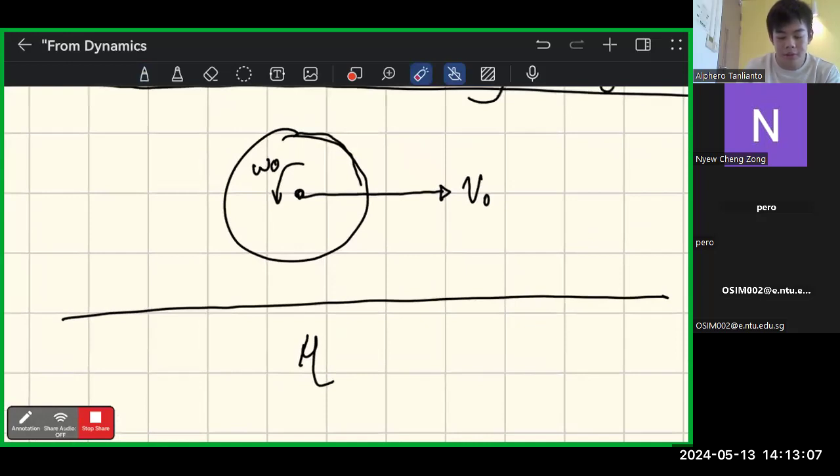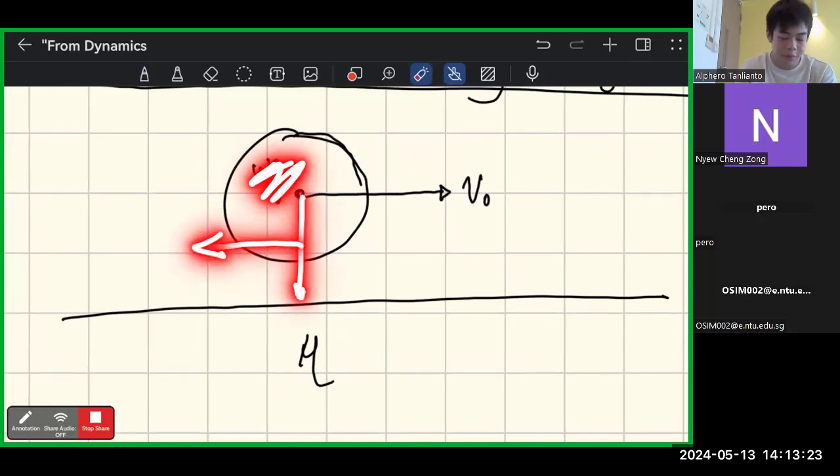If you imagine that this ball does not have any angular velocity, of course, when it falls down, the friction will slow down the basketball. So the friction is going to be leftwards because it's moving rightwards, right?